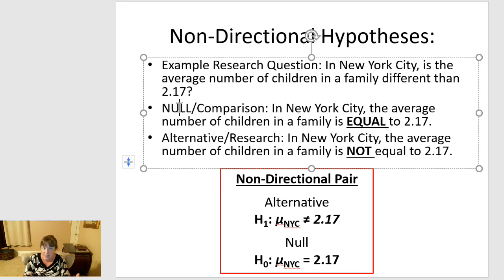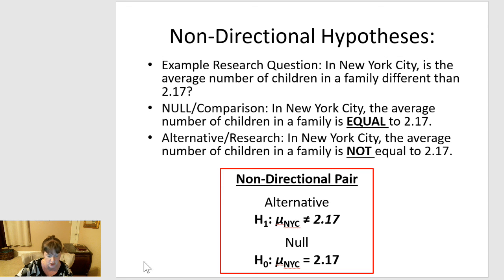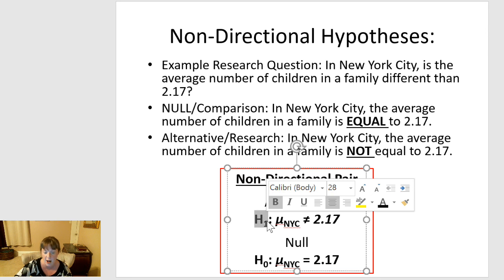And so now I have to teach you the formal symbols. Here are the formal symbols down here that I've boxed for you in red, right? If you're doing a non-directional set of hypotheses, we call the fact that it's a hypothesis H. That's the symbol for hypothesis. And so the alternative hypothesis gets labeled H sub 1.